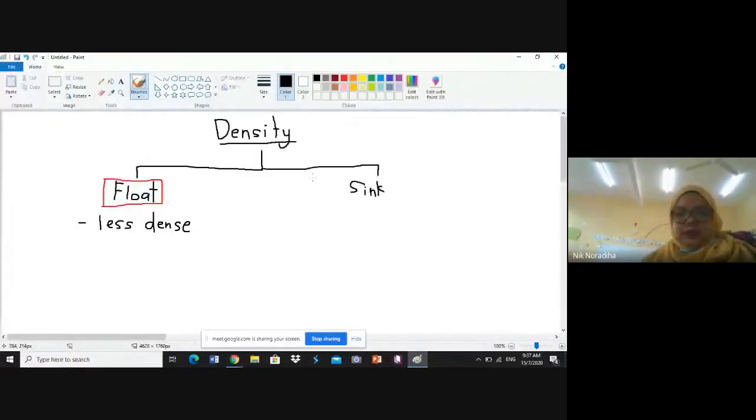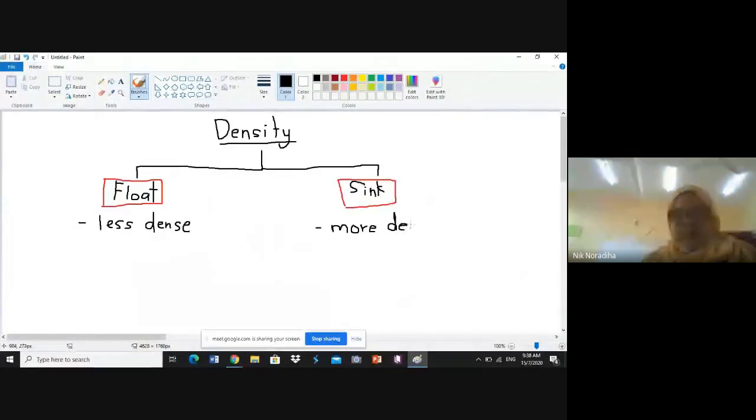In order for an object to sink in water, they have to be more dense. Okay, more dense.